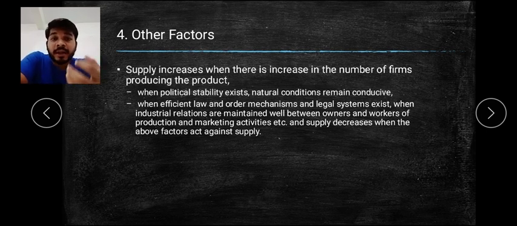So there are many different political, legal and natural conditions, the legal system, law and order.